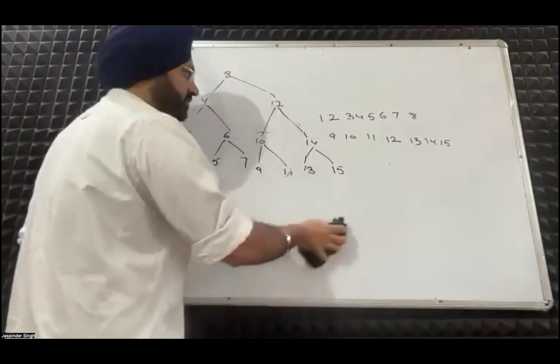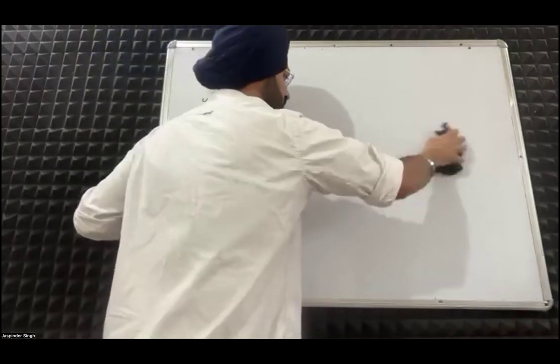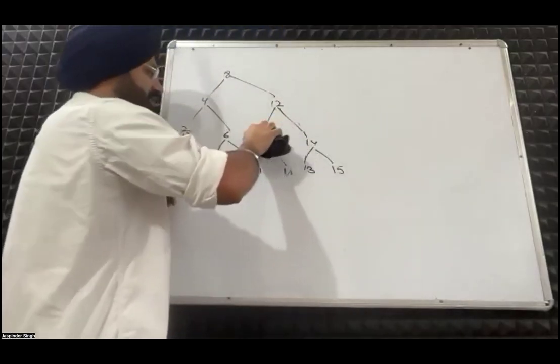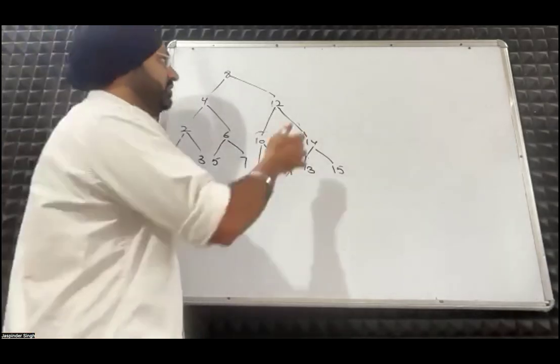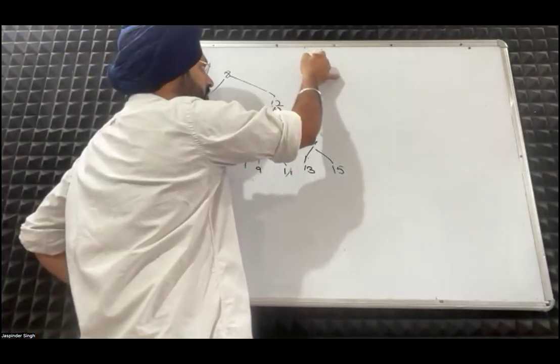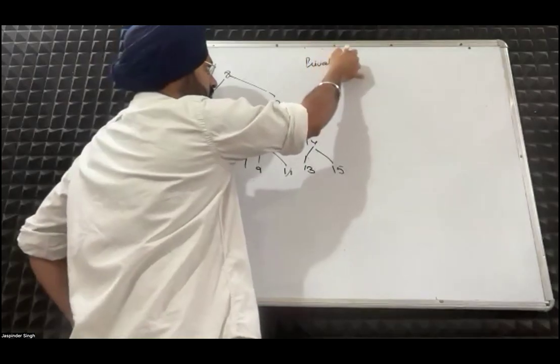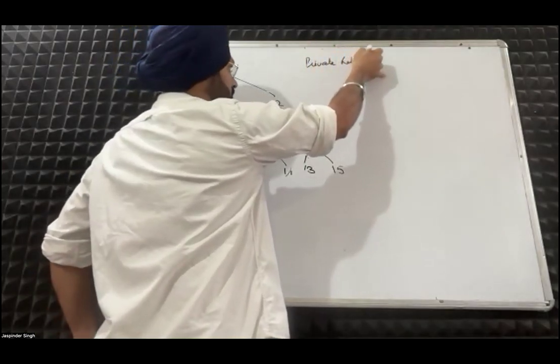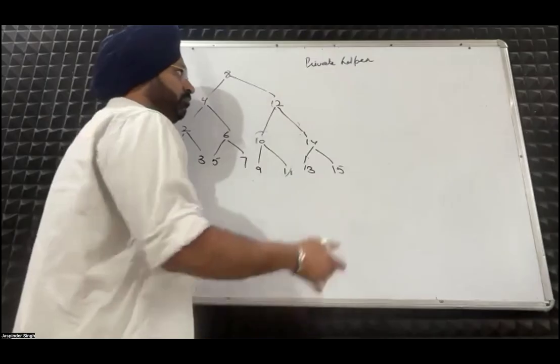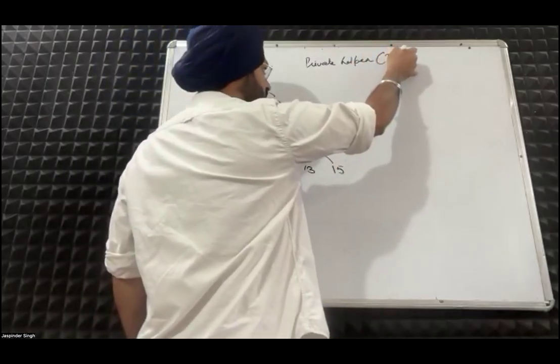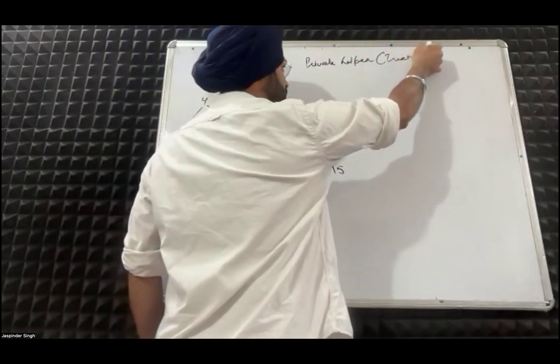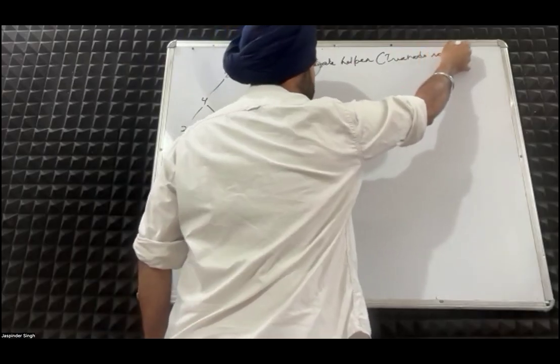We write a recursive function on this tree. Let's call that function a private helper, and we have TreeNode root over here.